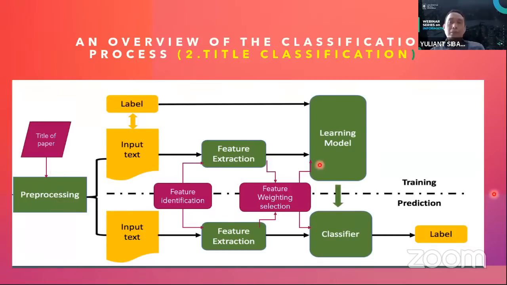There are several basic features that can be used in text classification, for example BOW, bag of words, or generally n-gram. These are the most common features usually used in text classification.